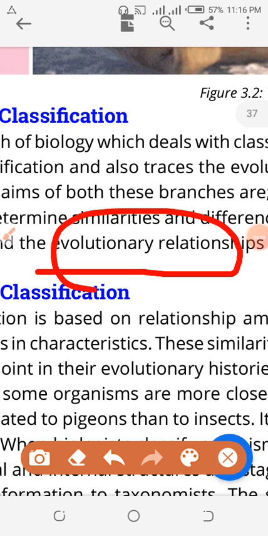Why do they belong to different species? Because they were the same in the past. After the habitat change, after their migration, after their weather change, they became different from each other and are classified into separate species. This is evolution. Evolution makes new species. Very important information.